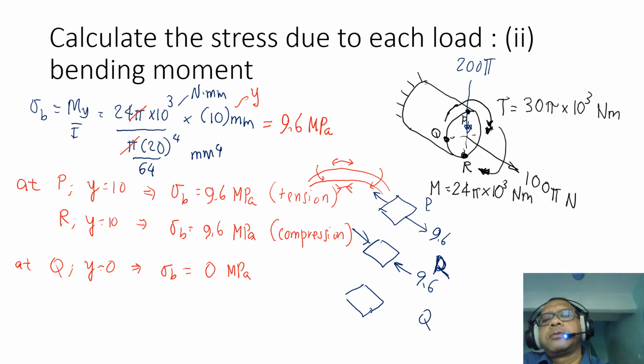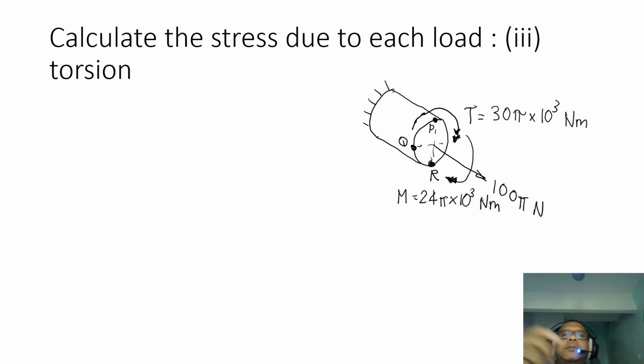Okay, and just remember your coordinate system. This is going to be X, Y, and Z. Yeah, so that's the stress due to the bending moment. And then we have got the stress due to torsion.